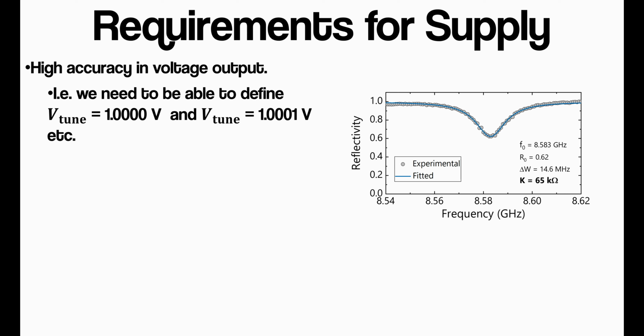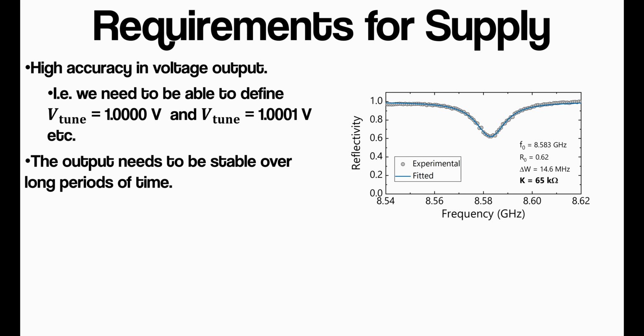So for example, you could have a VCO which outputs a frequency between, say, 8 gigahertz and 12 gigahertz, and we know that our resonance is going to happen around, say, 9 gigahertz, but we don't know exactly where. We may want to go up to 9 gigahertz, which means we're probably going to be putting in a voltage of, say, 2 volts, and then we want to sweep a very small region of frequency space around that, so we need to go from 2 volts to, say, 2.01 volts or something like that, in which case not every power supply is going to be able to do that. So this is something that you need.